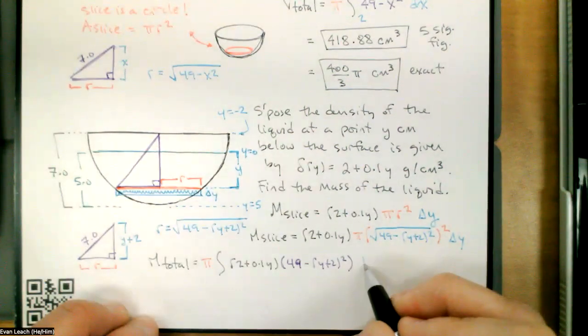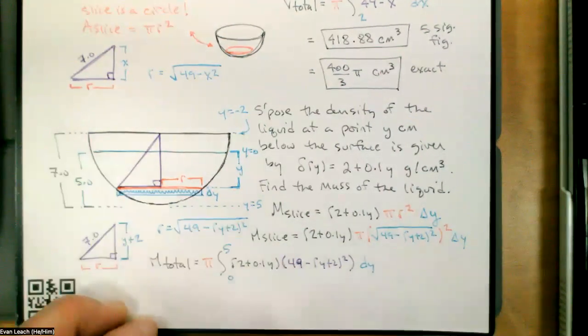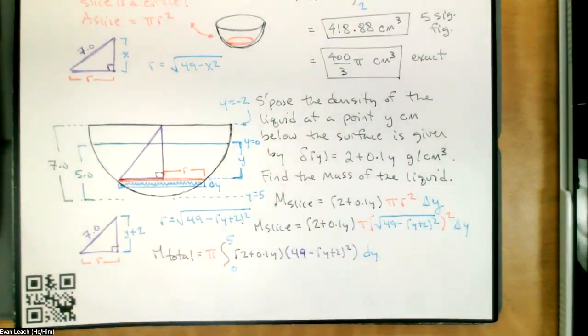Delta y will become a dy, and we're integrating from 0 to 5 for the depth of the water. I suppose we can simplify this more, but I don't want to. The main thing I want to avoid is having to type a square root in my integral.